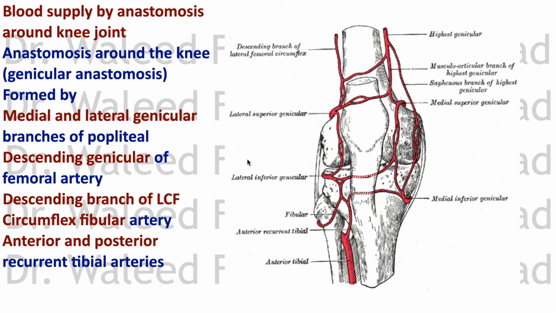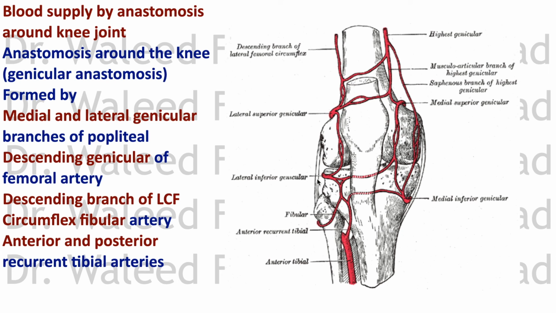The blood supply of the knee comes from the anastomosis around the knee joint. The major supply, of course, is from the genicular branches of the popliteal: the upper and lower lateral, the upper and lower medial, and the middle genicular. Also the descending genicular artery from the femoral, and the descending branch of the lateral circumflex femoral artery share in the anastomosis.